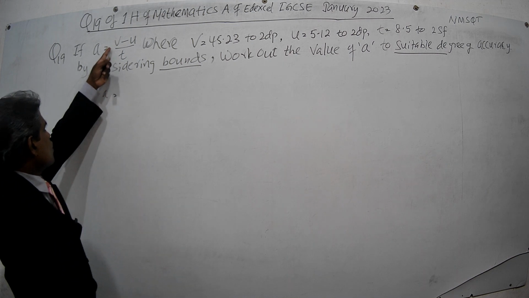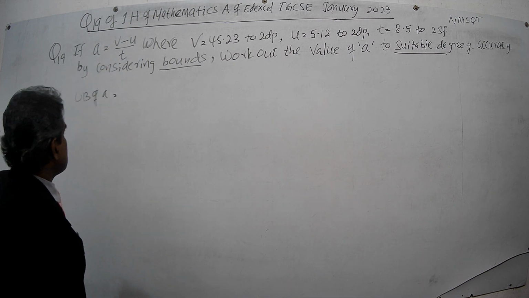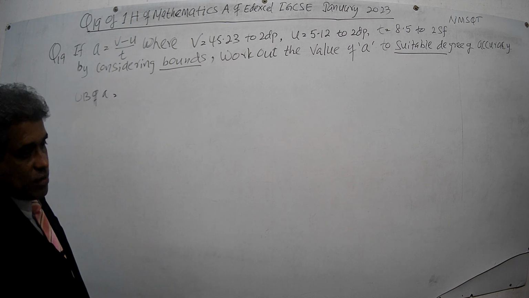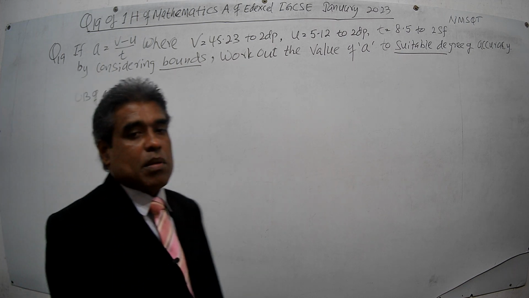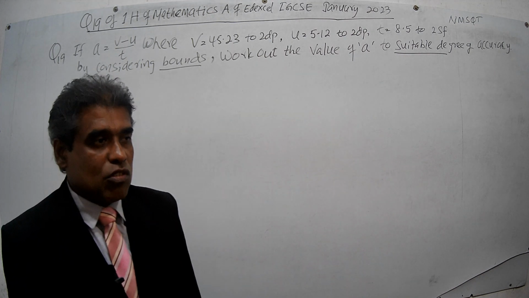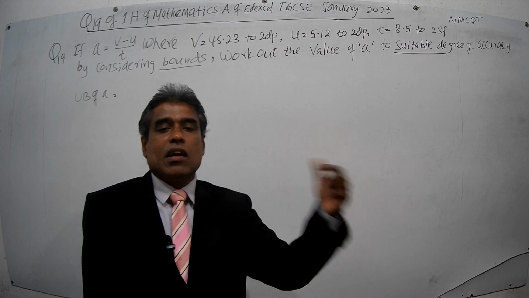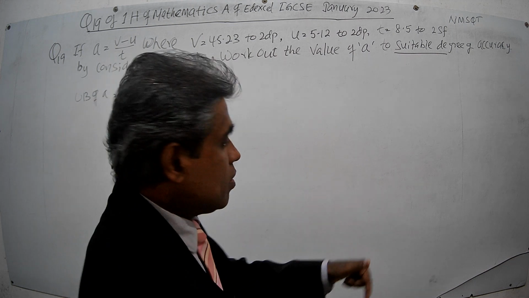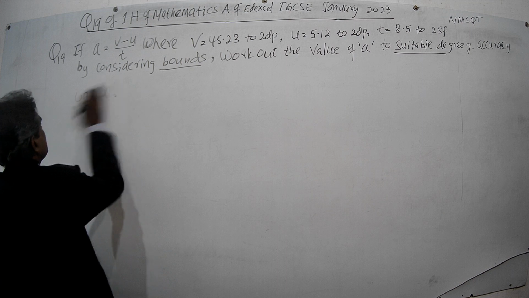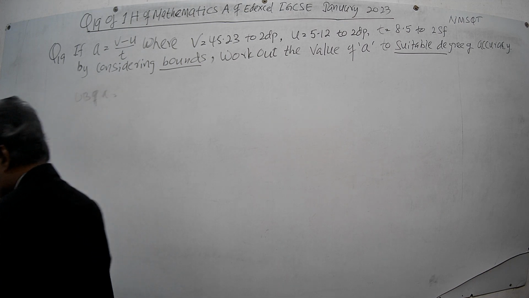This is a division, the division of two numbers. Then the upper bound of a division means the upper bound of a quotient. What is the rule relating to the upper bound of a quotient? Upper bound of quotient equals upper bound of the dividend divided by lower bound of the divisor. Sorry, we'll write the question here first.